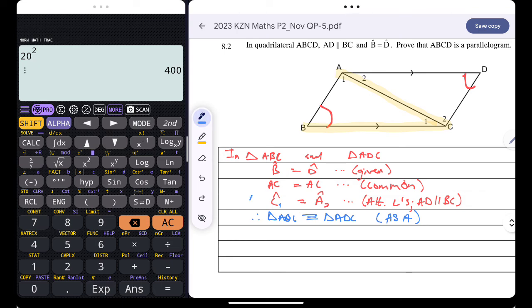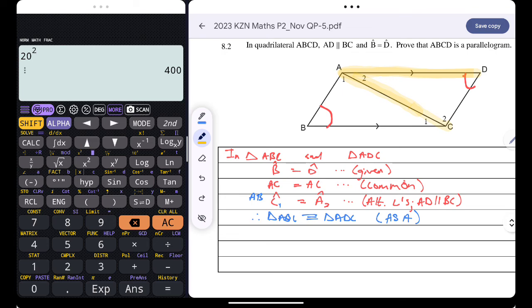So I will write AB over here, and then angle A2 comes from this line over here, line DC.